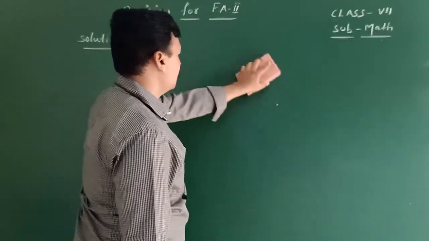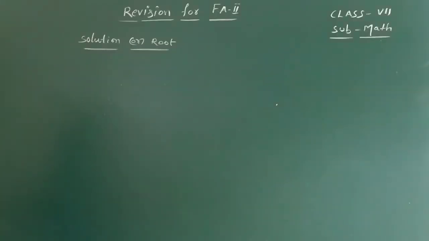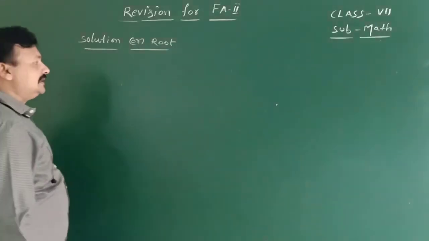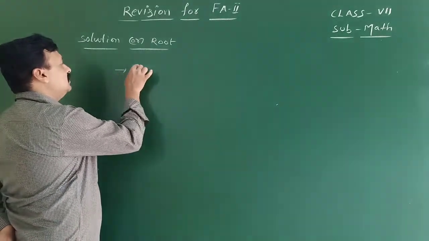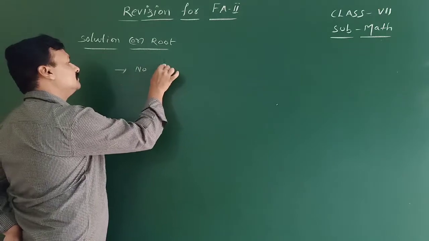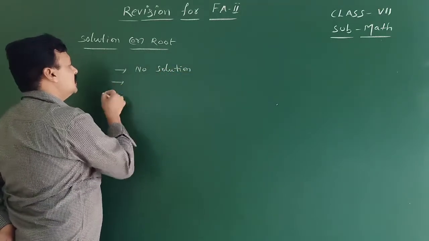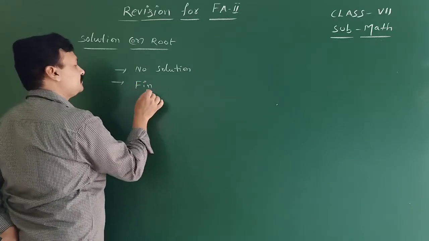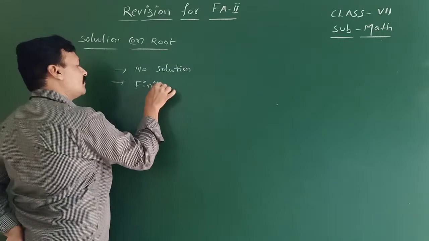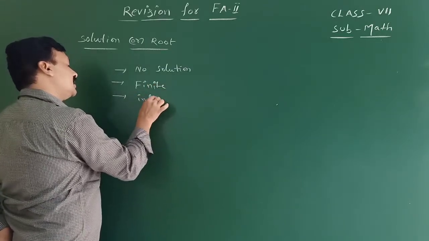For the linear inequation, we shall come across 3 situations. Sometimes we may not get a solution, meaning no solution. Sometimes we may get a finite number of solutions. Sometimes we will get an infinite number of solutions also.